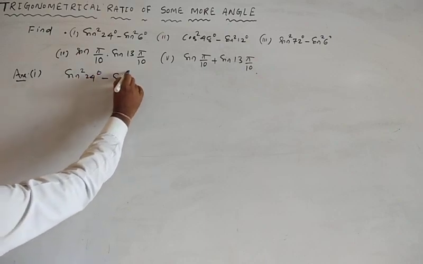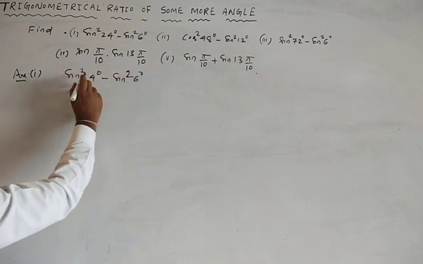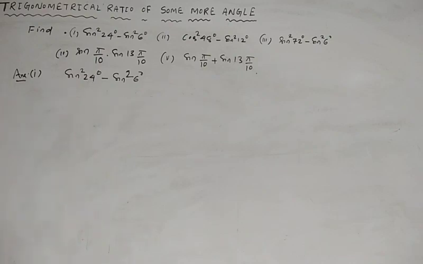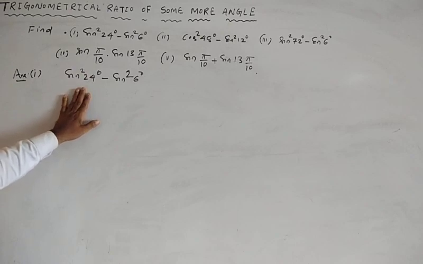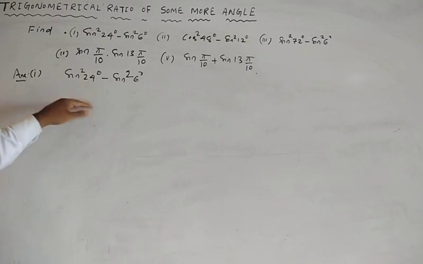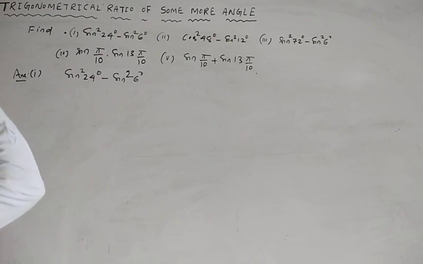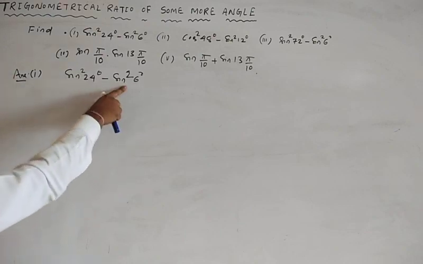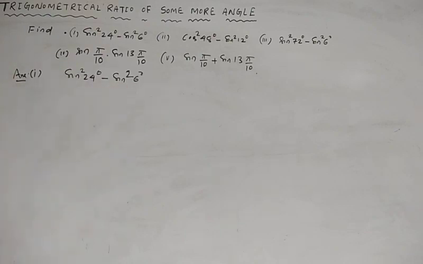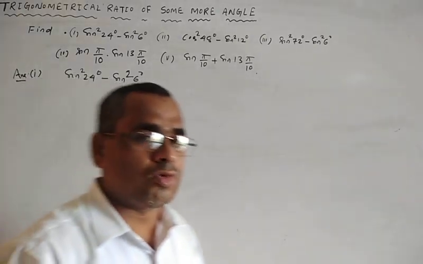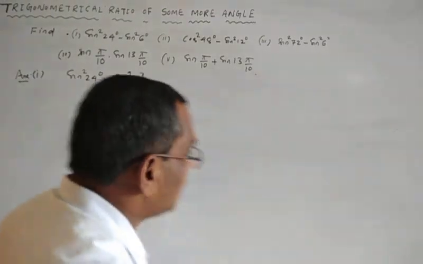So how to find the answer? Answer 1: sin square 24 degree minus sin square 6 degree. We cannot determine sin square 24 degree directly, because we do not know sin 24 degree and sin 6 degree. So here we use the formula sin square a minus sin square b, which means sin(a plus b) into sin(a minus b).